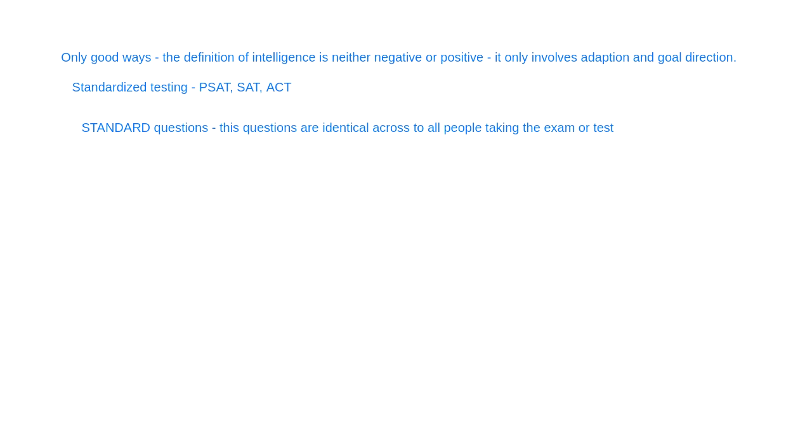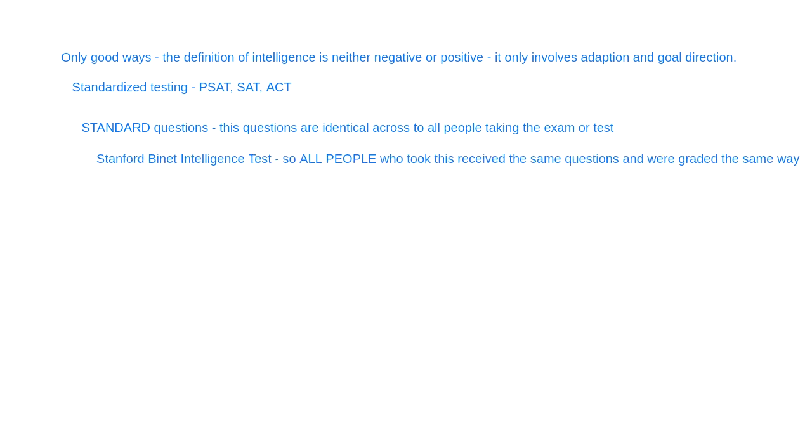All people who took this received the same questions and were graded the same way. That was used to measure their IQ or intelligence quotient. So that's really all we needed to cover for the intelligence section of Chapter 8. It's not really a lot, so just keep those things in mind.